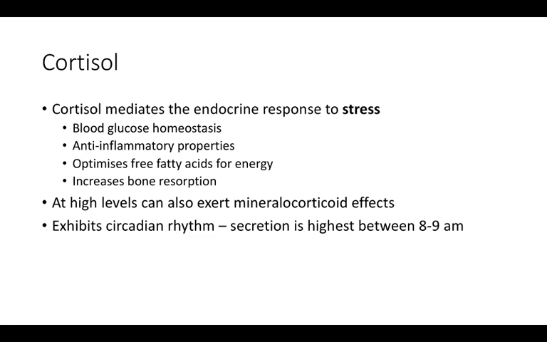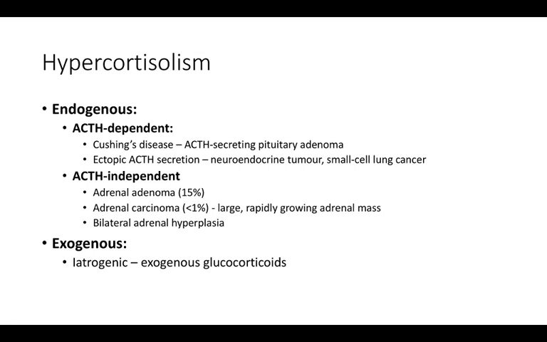It exhibits circadian rhythm. This is an important feature to be aware of, particularly as a number of the investigations used in the diagnosis of Cushing syndrome rely on this. And its levels are highest between 8 and 9 a.m. So the morning levels are the highest. So there are both endogenous and exogenous causes of hypercortisolism.